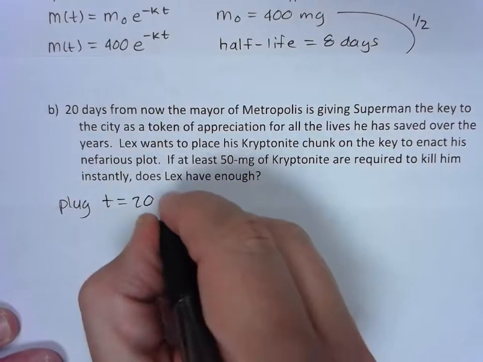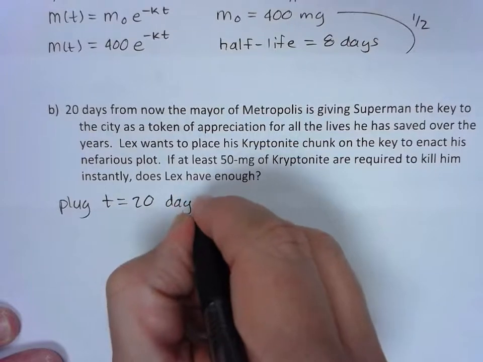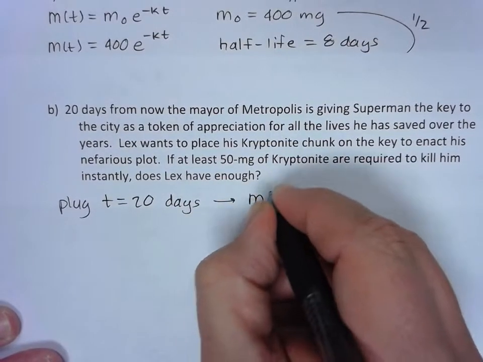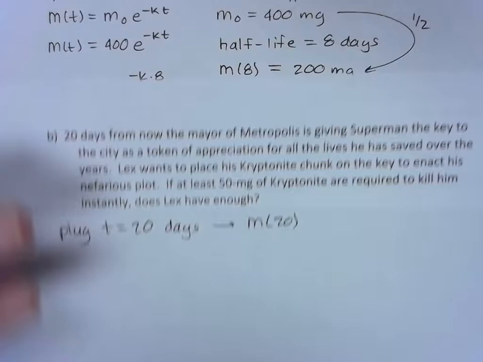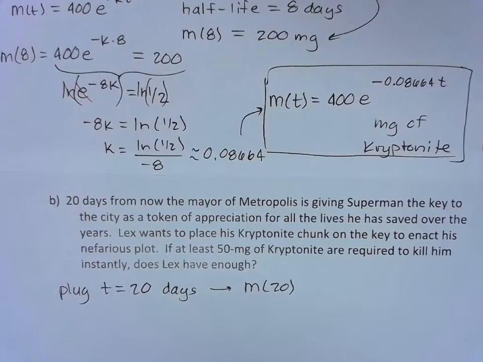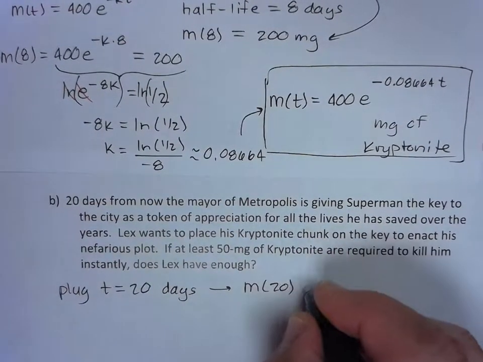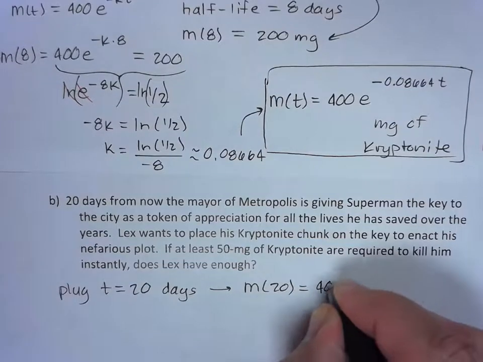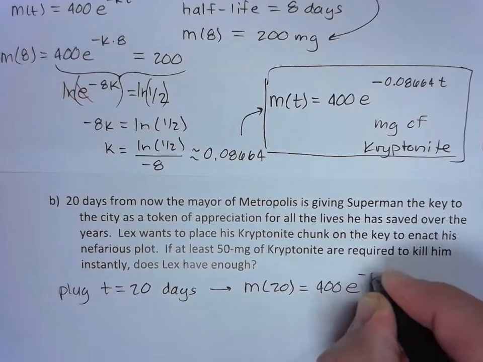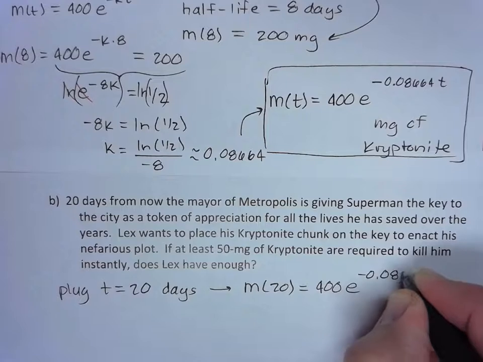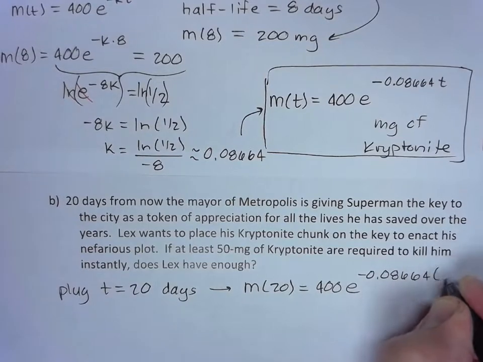Plug in t equals 20 days. So just evaluate m of 20 for your model function. Well, there's our model we just completed. So that'll look like 400 e to the negative 0.08664 times 20 for t.